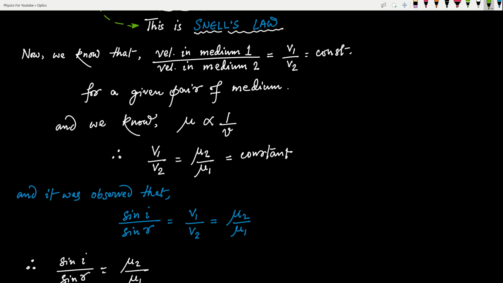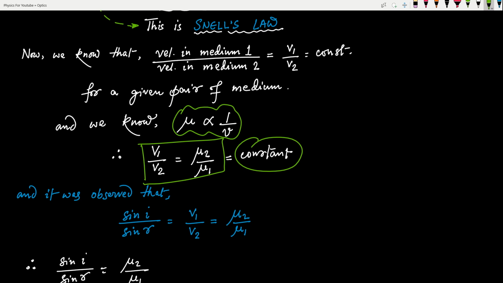Okay, from there we said that mu, that is the refractive index, is inversely proportional to velocity, and we found out this relationship, that is v1 by v2 is equal to mu2 by mu1 is constant. Okay, so this is easy. Now it was observed that Snell said that sine I by sine R is a constant.